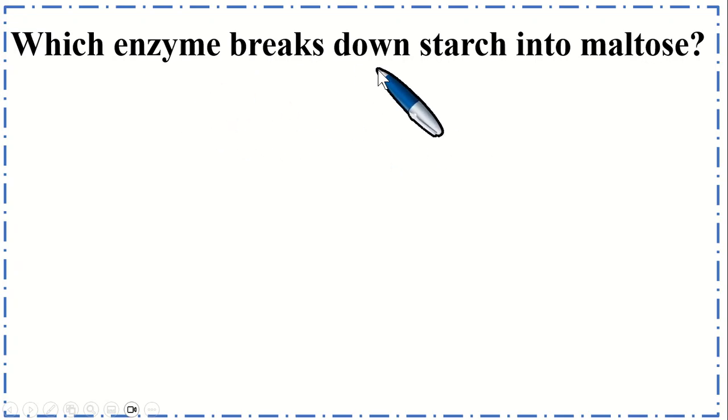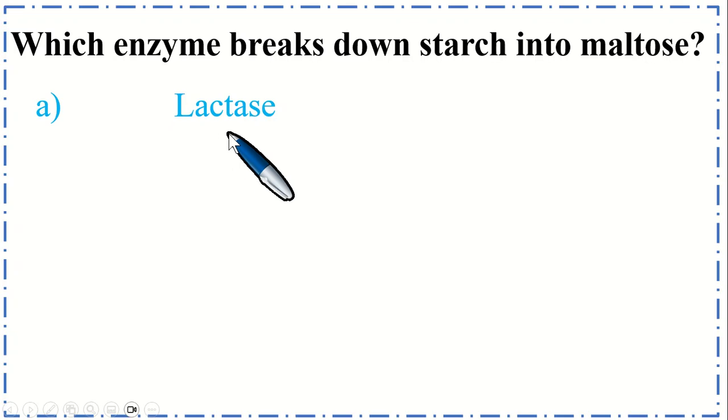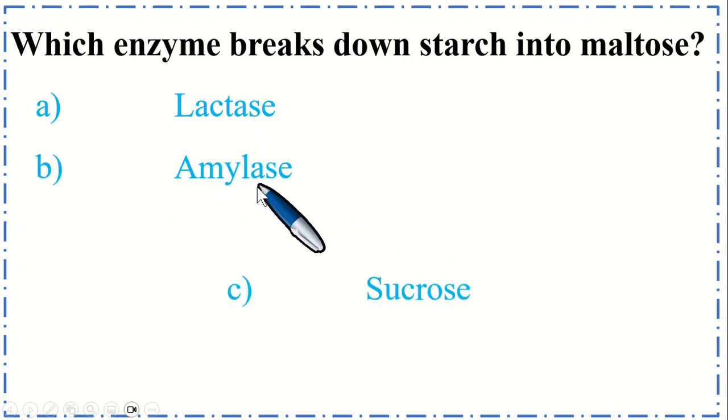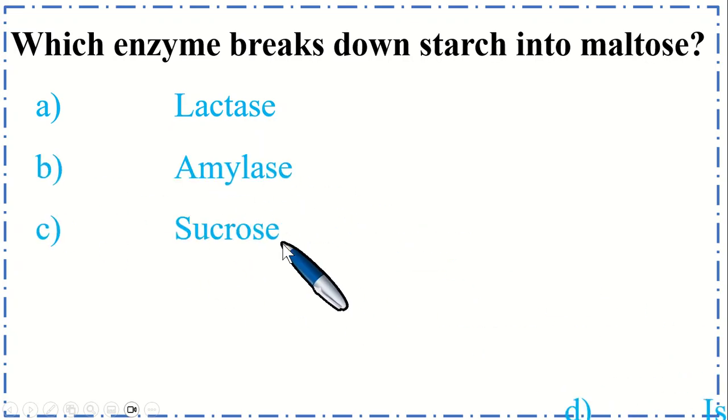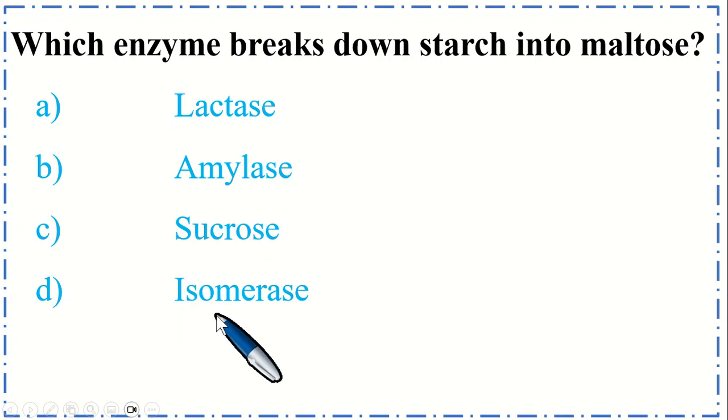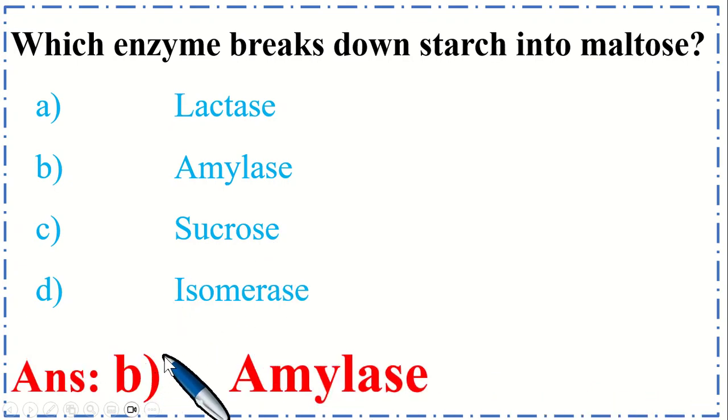Which enzyme breaks down starch into maltose? Option A lactase, B amylase, C sucrase and option D isomerase. So the correct option is B amylase.